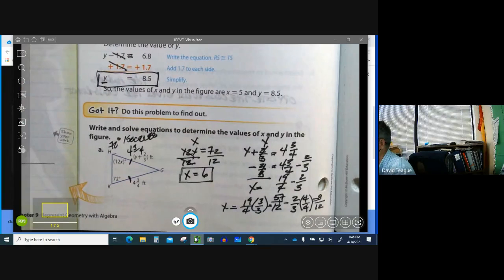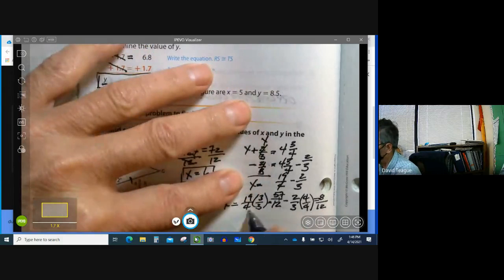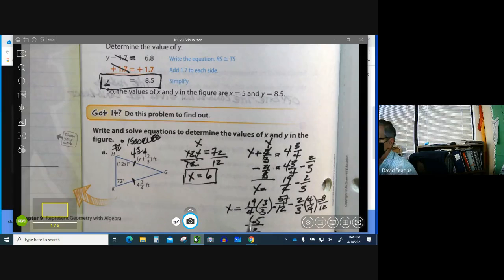Now I have a common denominator, so I can do that. 57 minus 8 is 65, so 65/12. If I look at my numbers, they don't have the same divisibility rule, so I can't simplify this anymore.